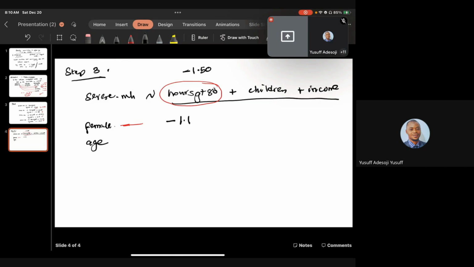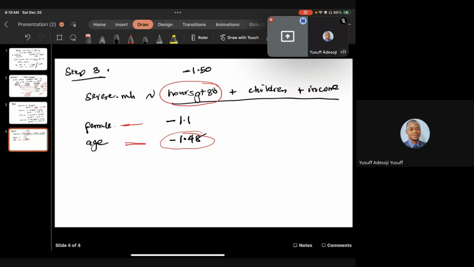And when you add the age into it, it becomes minus 1.48. So here you can see that with age, it didn't really change by a large amount, but with female, it changed by a large amount.